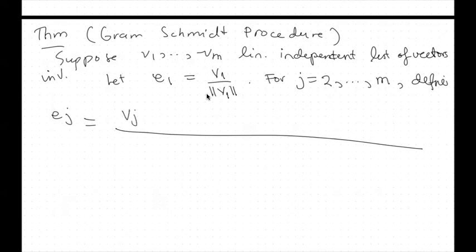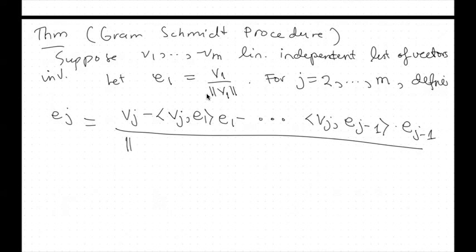We have v sub j minus the inner product of v sub j and e sub 1 times e1, minus up to the inner product of v sub j with e sub j minus 1, times e sub j minus 1, and then we divide it all by the norm of the numerator.